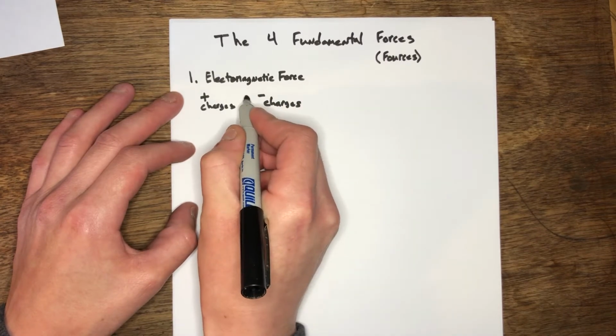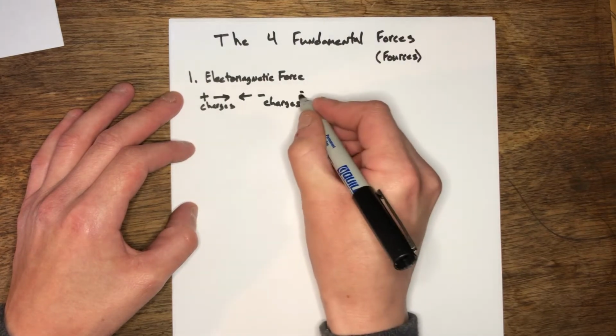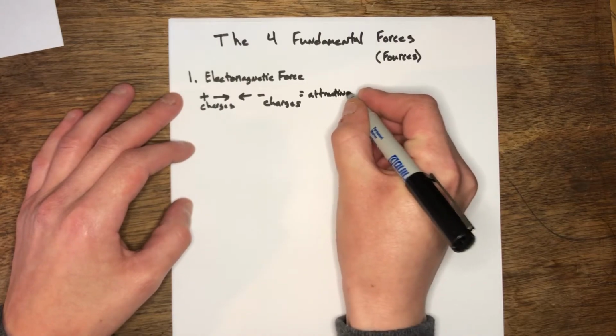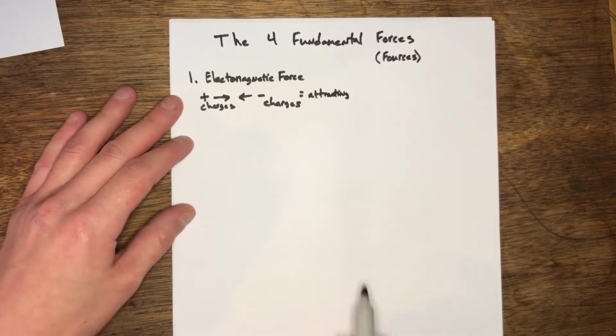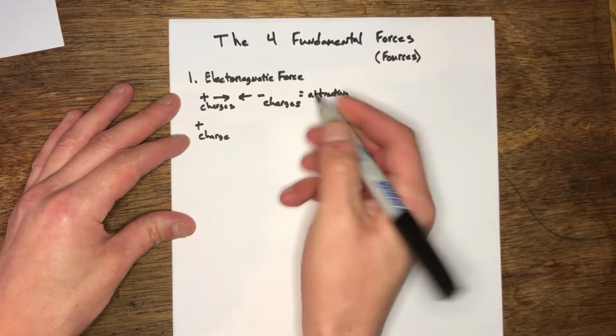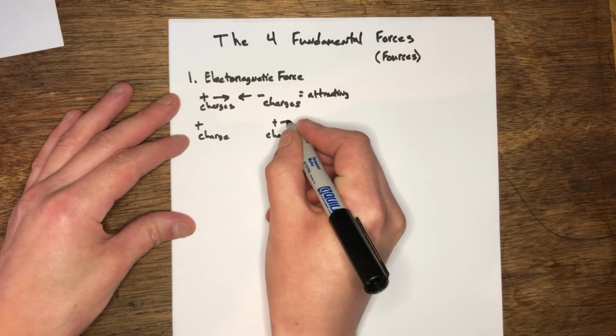So there's going to be a pull. Think about it, why does that occur? Well, that is the result of these positive and negative charges within atoms. If we have a positive charge and a positive charge, they're going to repel.